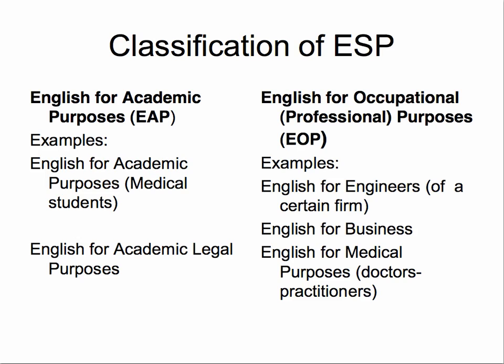In your article, there were more divisions of ESP, but the most common and simplest one is English for academic purposes, or EAP, and English for occupational purposes, or EOP. An example of English for academic purposes is English for medical students, or English for legal purposes at academic level, which is different from English for medical purposes for doctors, practitioners.